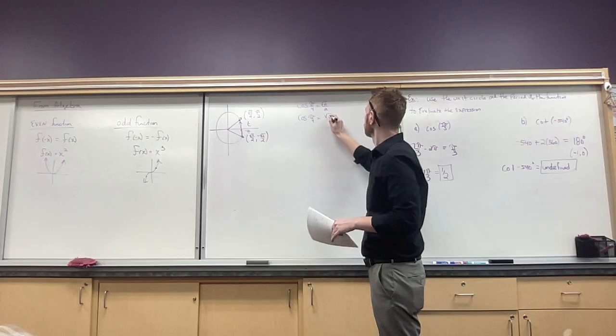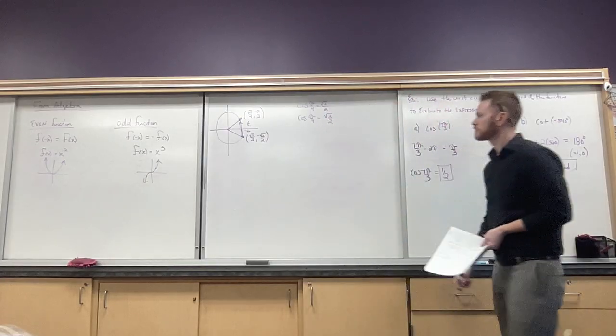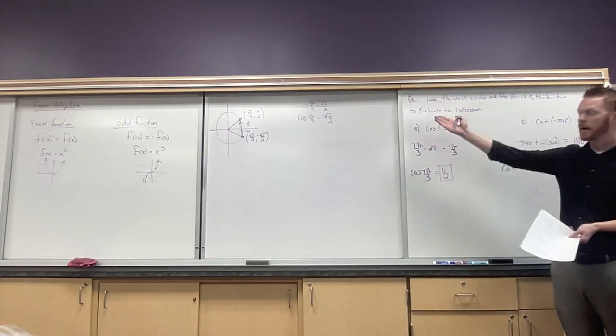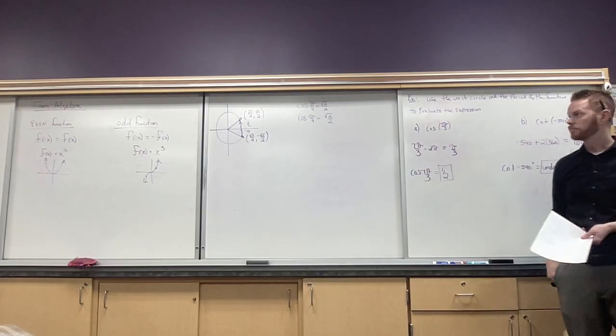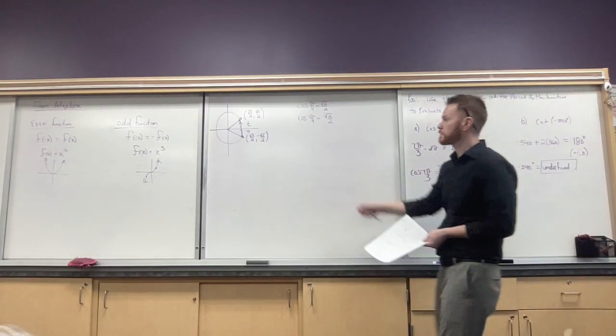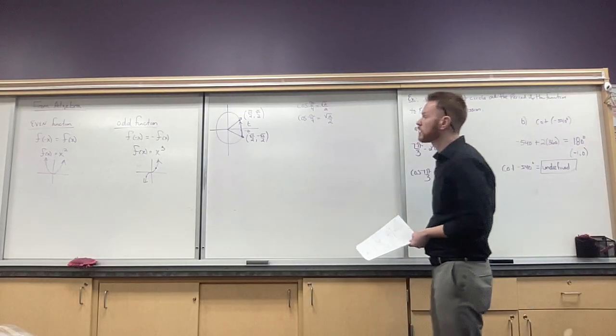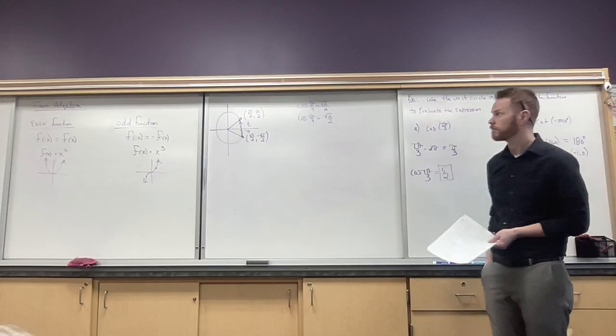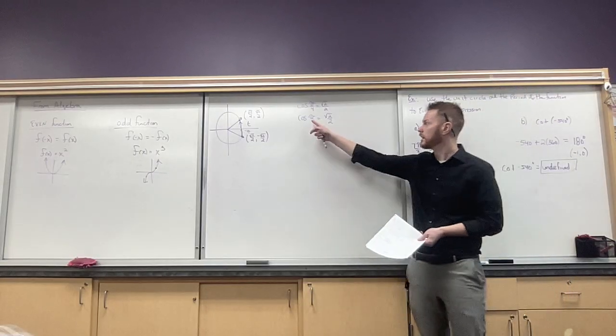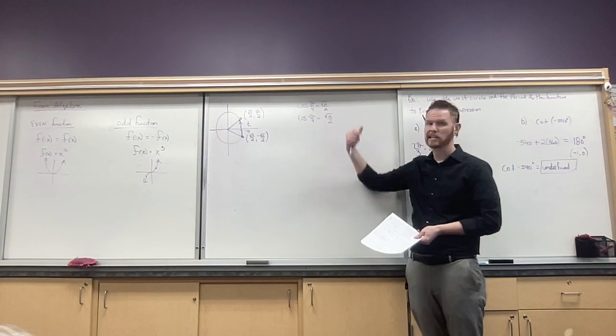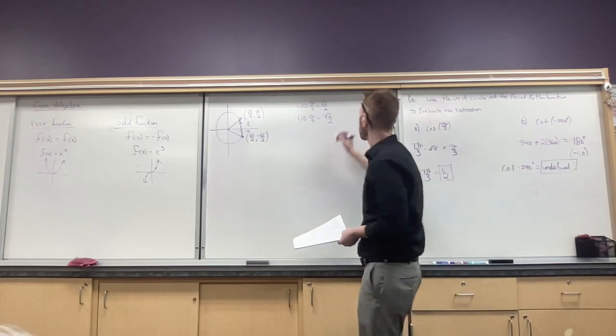It is, right? So with a negative angle, did my output value change for cosine? It didn't. That's perfect. So therefore, it must be an even function. Cosine's an even function. So anytime you see a negative when it comes to cosine, it's the same thing as this positive value.